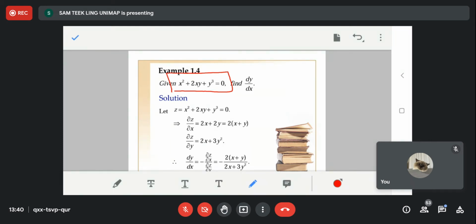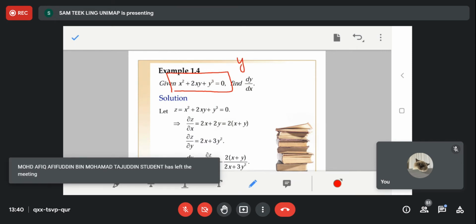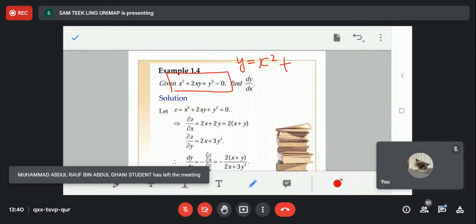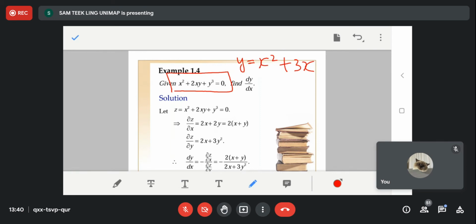You can see if the question gives you y equals x power 2 plus 3x, this equation does not need the implicit function to solve, because you can directly find dy/dx.